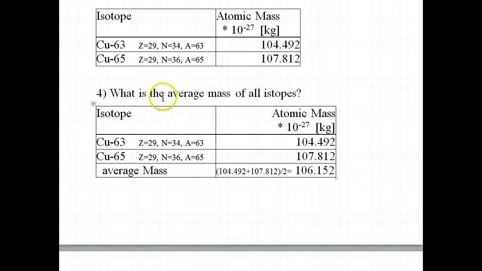So what is the average mass of all isotopes? So you have here the 2 isotopes with their masses. So just add these masses together, divide them by 2 because you have 2 isotopes, and the result is 106.152 multiplied by 10 to the power of minus 27 kilogram.